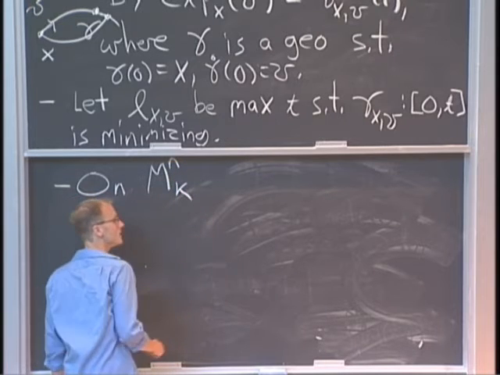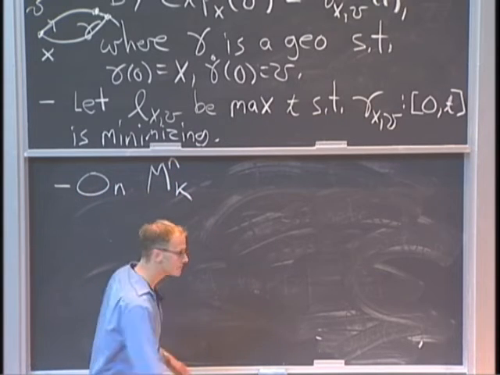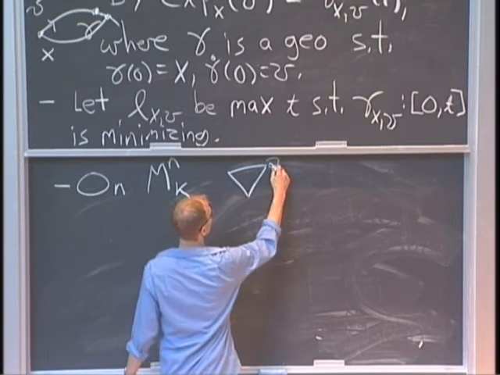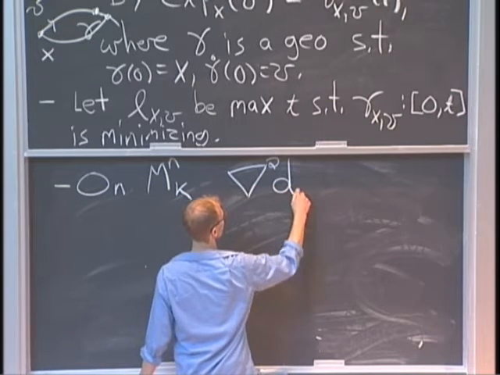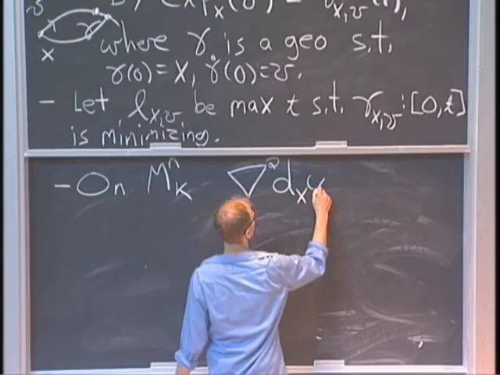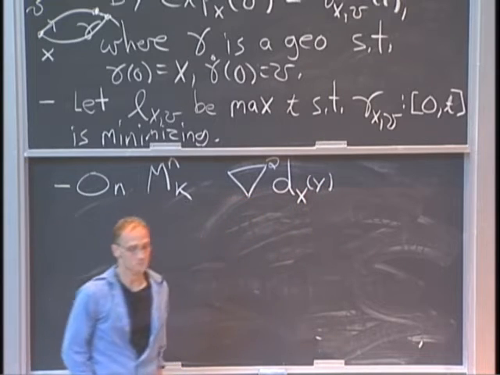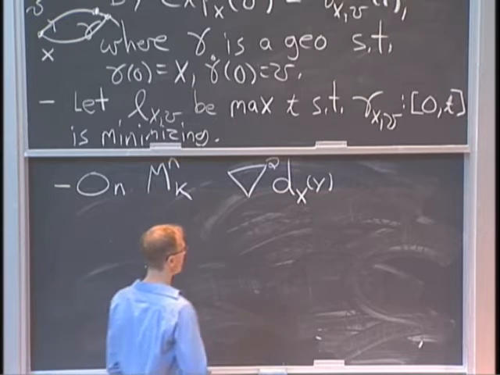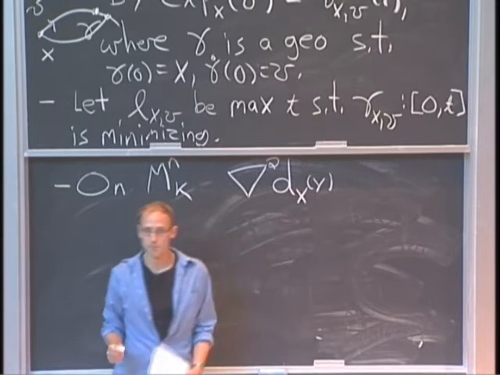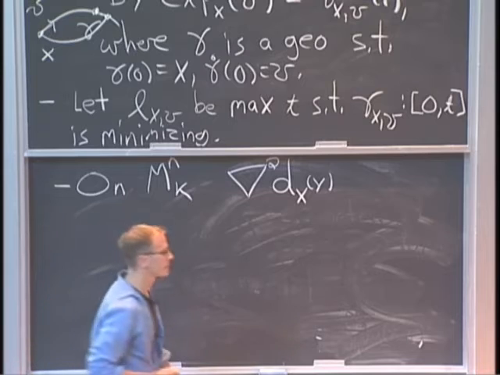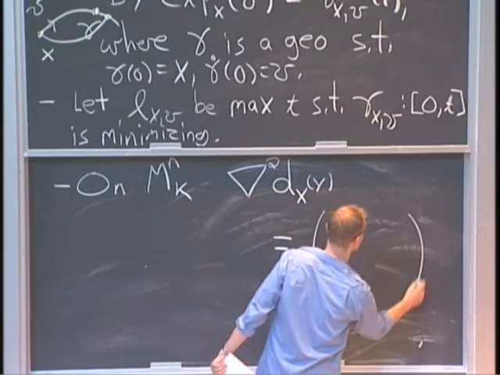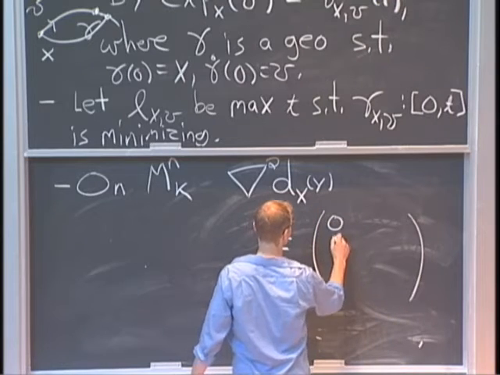On our space, pick a point, your favorite point. Look at the distance function and compute its Hessian. You get a 2-tensor. So what do you get? This is like an n by n matrix at that point.